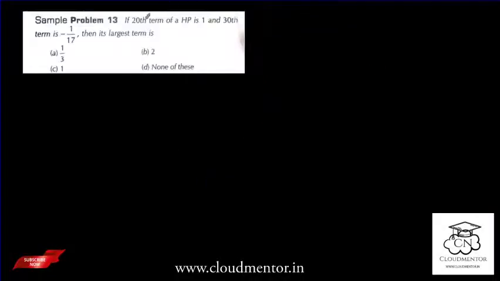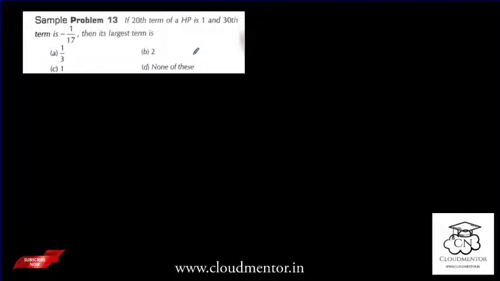And the first problem: if the 20th term of an HP is 1 and the 30th term is minus 1 by 70, then its largest term is, we have to find. Here it is said that the 20th term is 1.